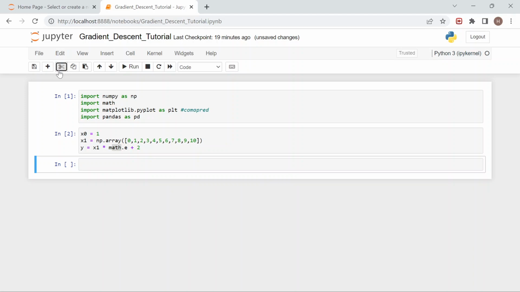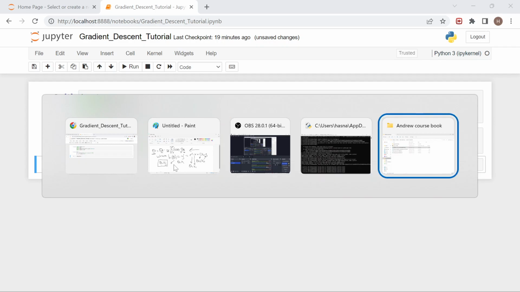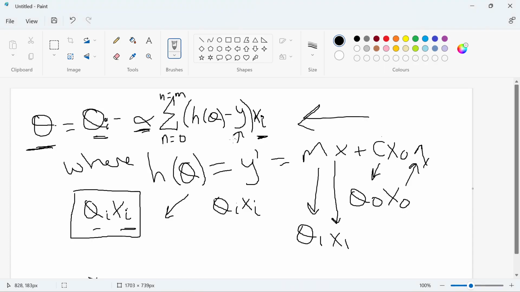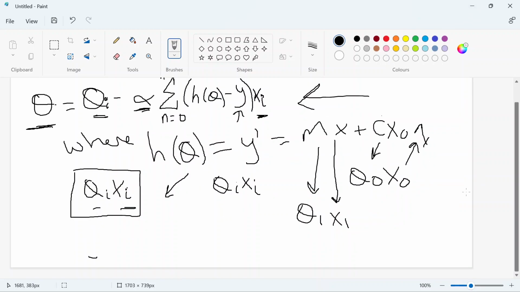Now let's get into the actual coding, so the function. We will have iterations. This will be how many times we run the model, and we want to reduce the error. If we do it once, it might not be really close, but it'll still get close, and then we do it again and again. But we need to know how many times until it gets really close, or converges.